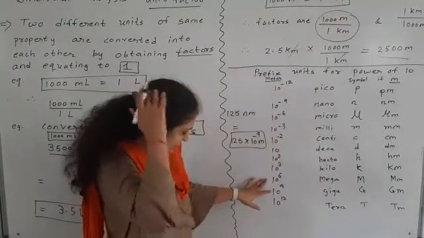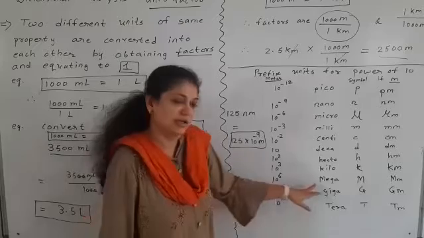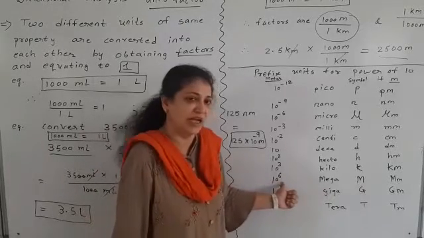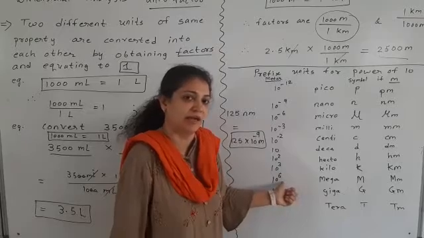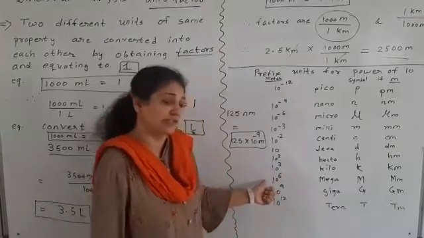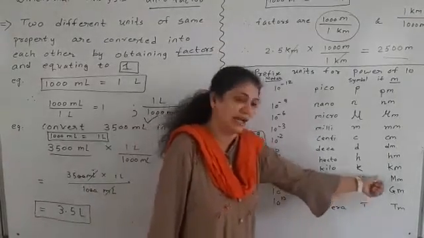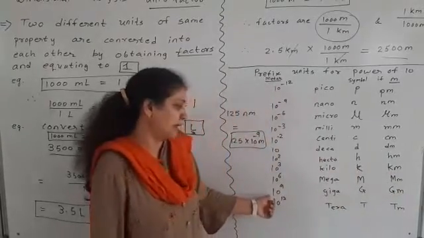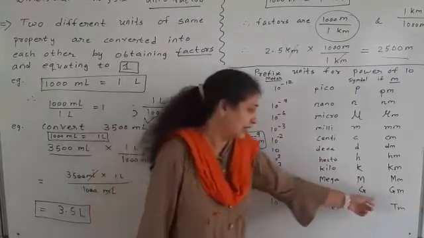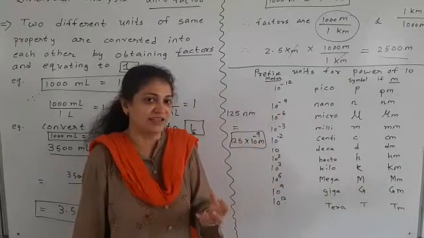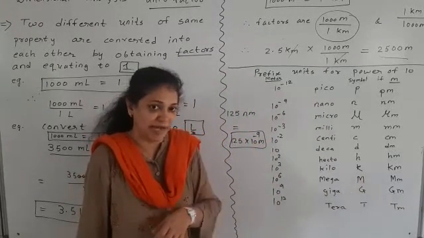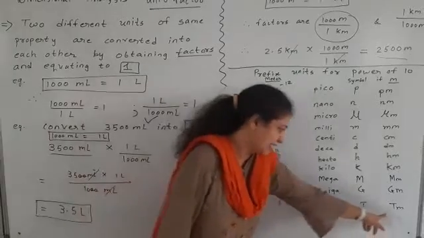Then next is mega, 10 raised to power 6. You are aware of mega, as your files in computers come as megabyte, gigabyte, terabyte. So 10 to the power 6 is mega, written as capital M. 10 raised to power 9 is giga, written as capital G, and in computer units we write it as GB, gigabyte. TB is terabyte.